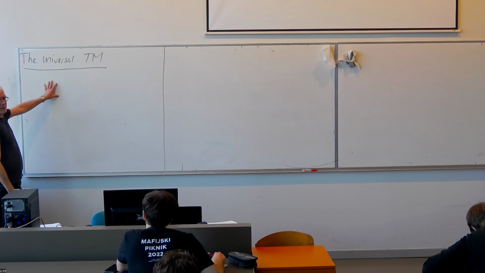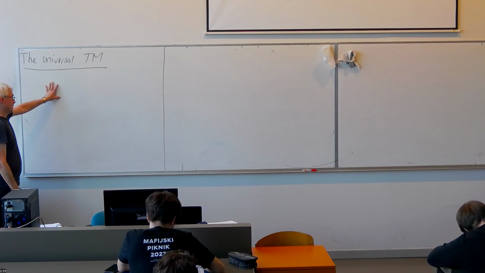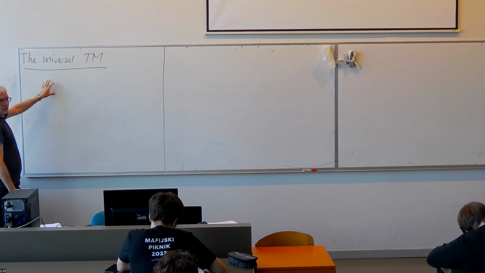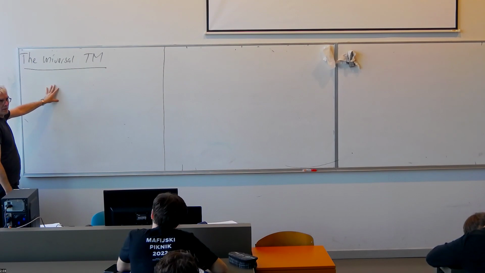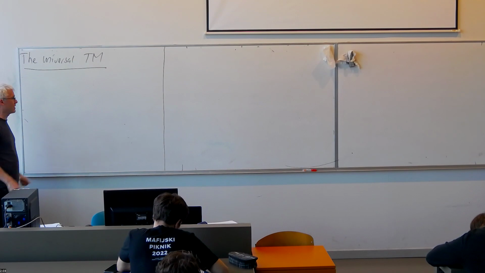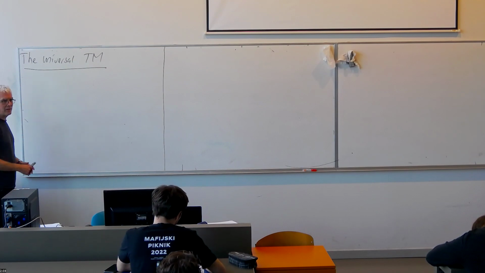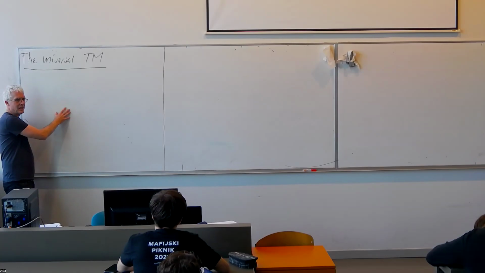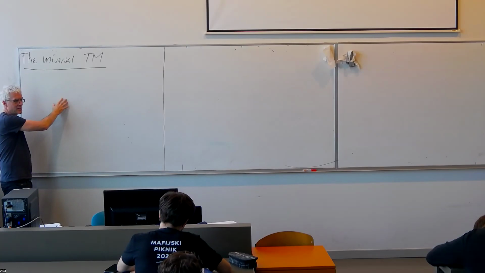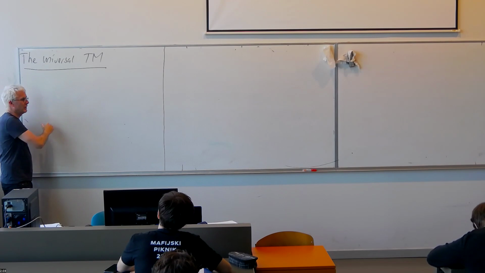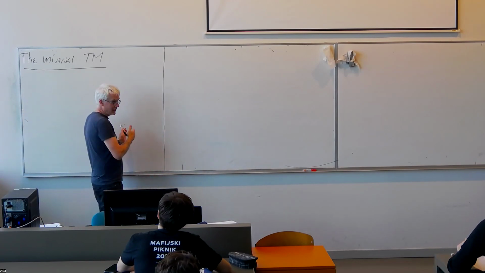So I'm going to describe what it does as a theorem. The theorem is that there exists a machine, the universal machine, that behaves in a certain way. That theorem doesn't tell you very much about its behavior. It just tells us as much as we need to know in order to apply it.